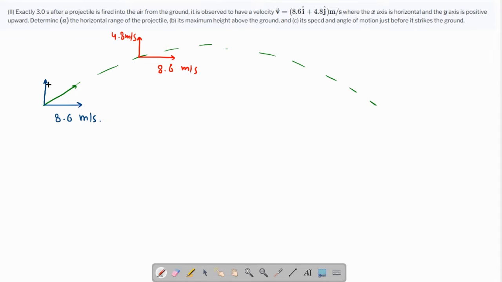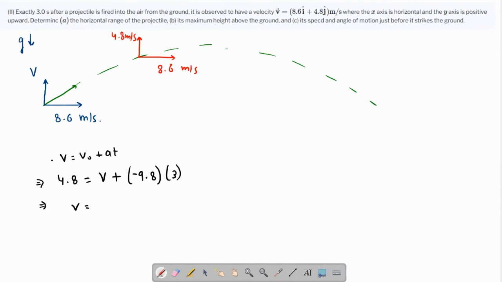The initial vertical velocity is unknown to us. Let's call it v. Acceleration due to gravity is downwards and the time taken is 3 seconds. So we can use the first equation of motion, v equals v naught plus at. V is the final velocity, which is 4.8. Initial velocity is v. Acceleration is g, downwards, so minus 9.8, and time is 3 seconds.